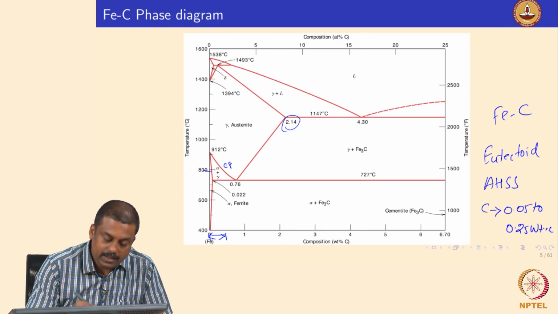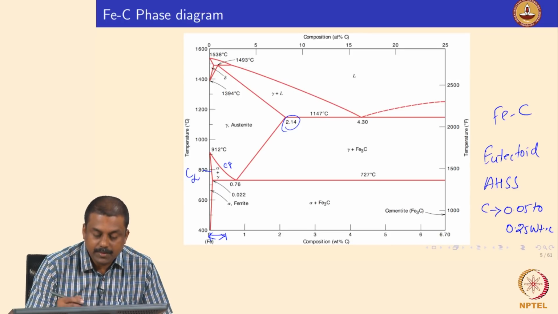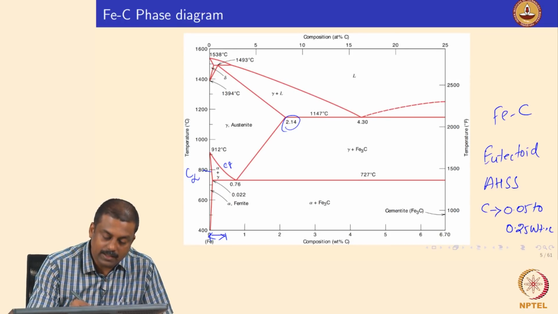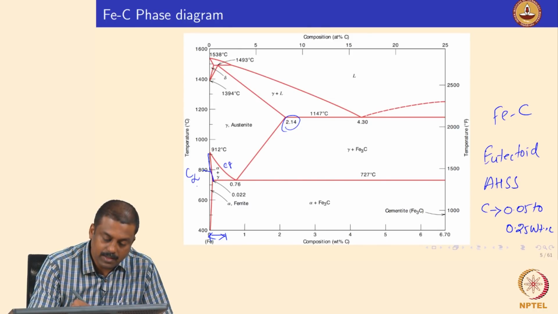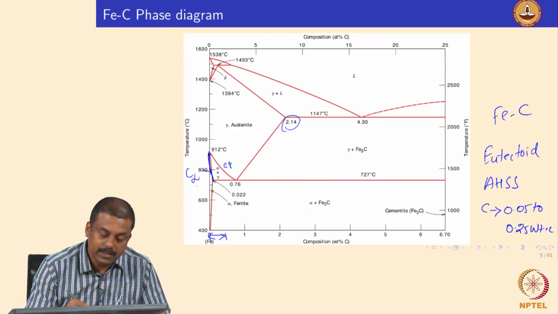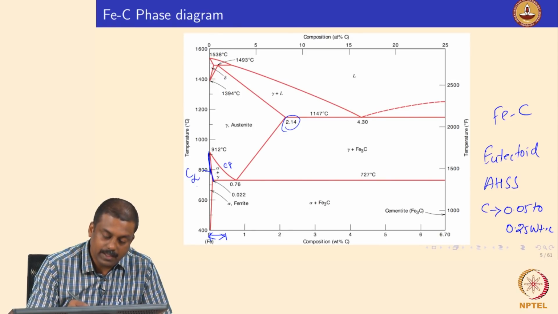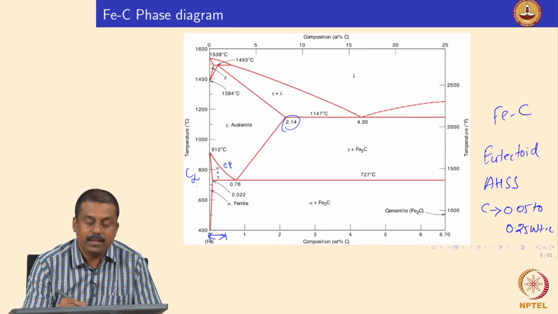So this line indicates the carbon concentration of ferrite, which is in equilibrium with austenite. If you look at these two lines, the carbon concentration of austenite decreases with decreasing temperature. Similarly, the line for ferrite is also slightly decreasing, but not as significantly as the other line.